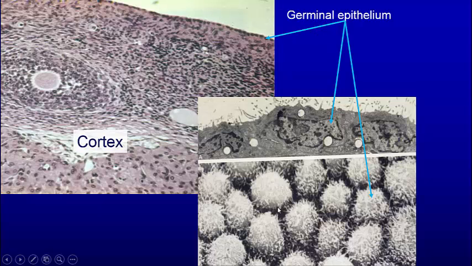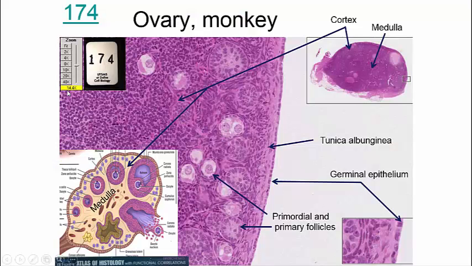So here we can see those cells on the surface, the mesothelial cells, the germinal epithelium as they call them, and you can see they have microvilli on their surface. Below that is a tunica albuginea, and then you have the eggs below. So here we can see the tunica albuginea, the connective tissue, germinal epithelium, right in through there. We can see there is really these kind of cuboidal or squamous cells on the surface of the ovary.